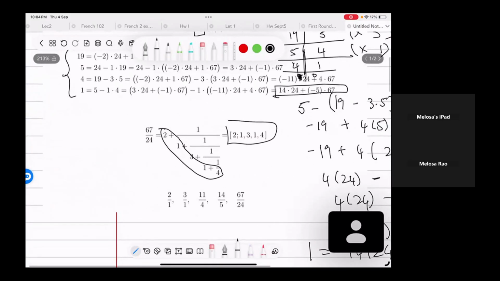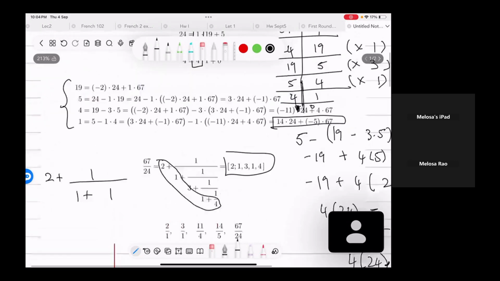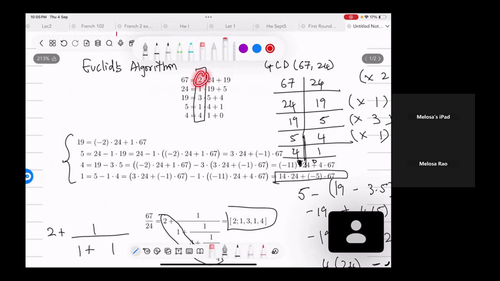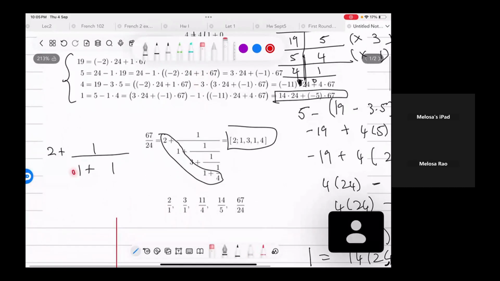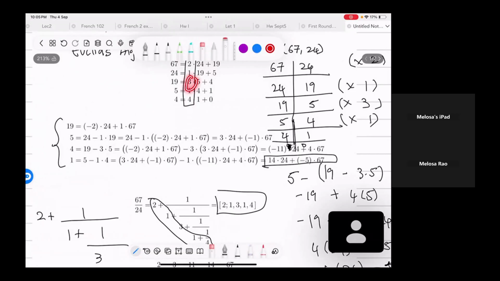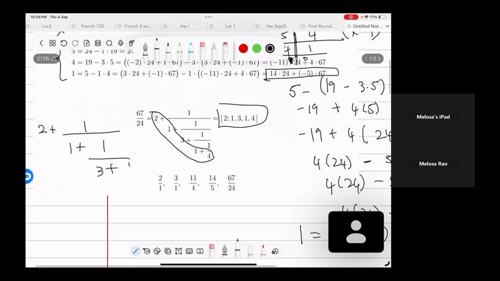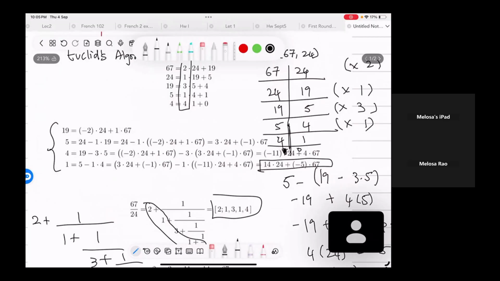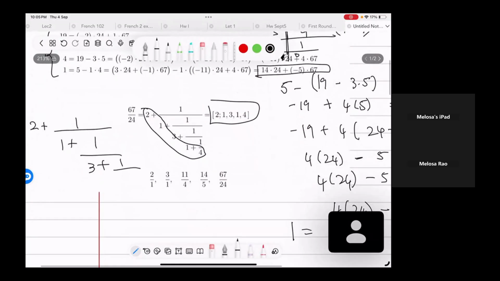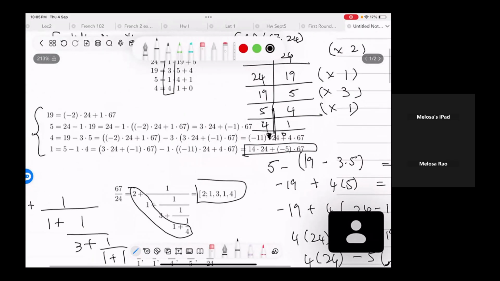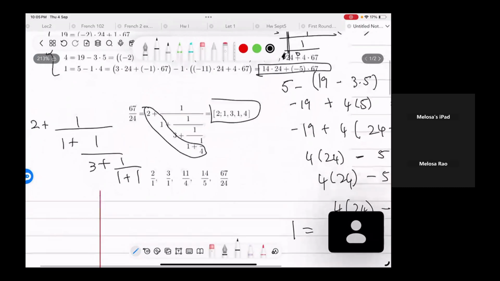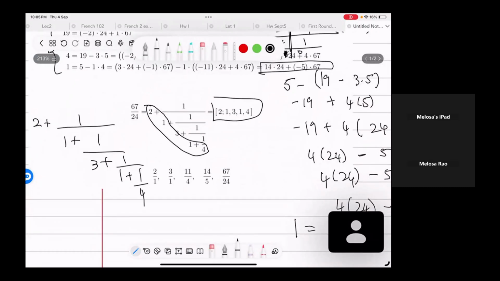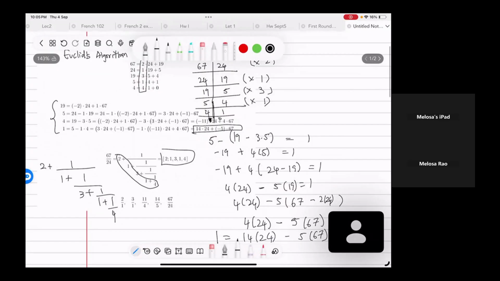It's basically the first quotient, which was 2, plus 1 over the second quotient, which was 1, over the third quotient, which is 3, plus 1 over the fourth quotient, which is 1, plus 1 over the fifth quotient, our last quotient, which is 4. No more fractions after that.